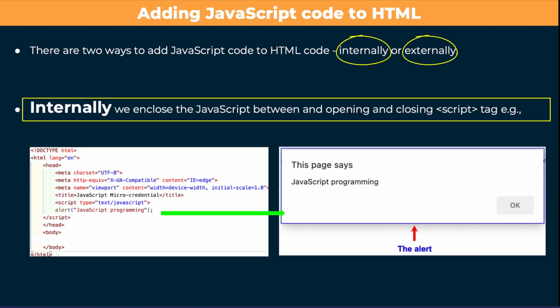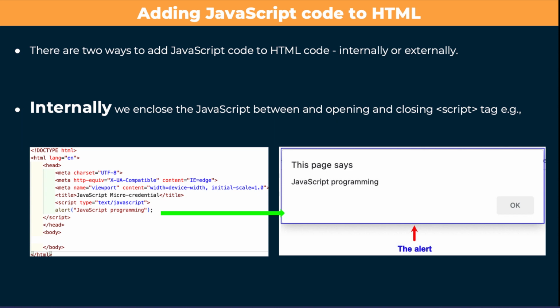If we do it internally, we enclose the JavaScript between an opening and closing script. So we can see in the diagram, script, and then we have type equals text/javascript, and then we have an end script.